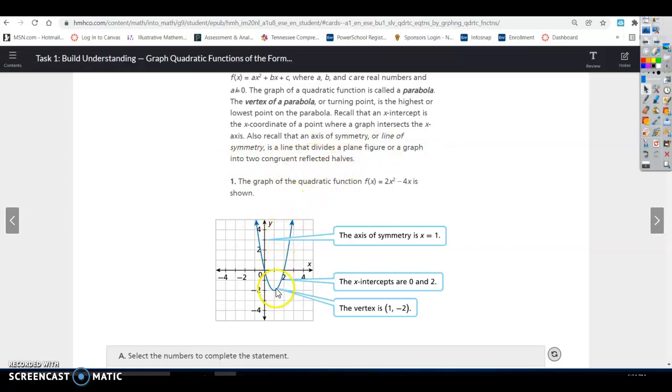If you look at this parabola here, here's the vertex. The x-intercepts are the 2 points where it crosses the x-axis, and the axis of symmetry is this imaginary line that goes up through x equals 1 that cuts this parabola into two equal halves.